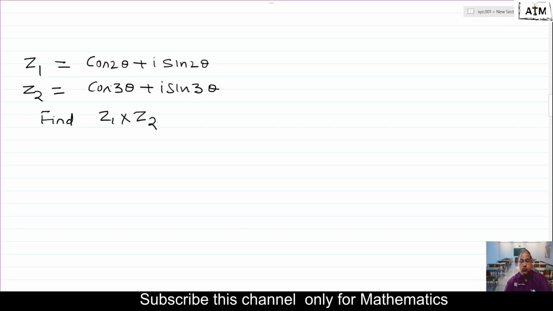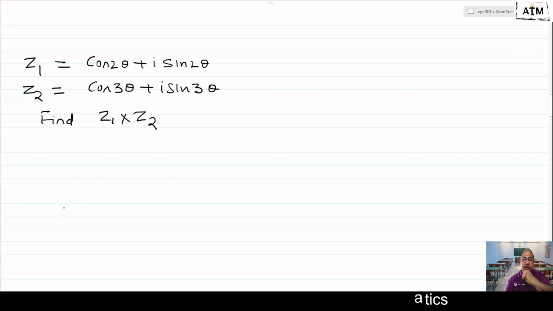Suppose we have two complex numbers, z1 equals cos 2 theta plus i sin 2 theta and z2 equals cos 3 theta plus i sin 3 theta. Then you need to find z1 into z2. So z1 equals cos 2 theta plus i sin 2 theta.